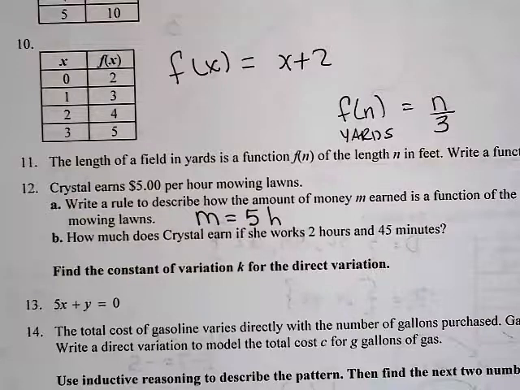How long would she have to work to earn $15? Another hour. She didn't quite work that long. How much of an hour does she work? 45 minutes. What part of an hour is that?